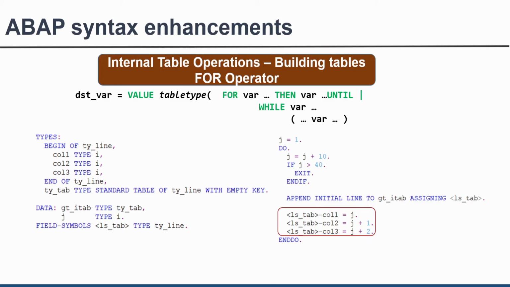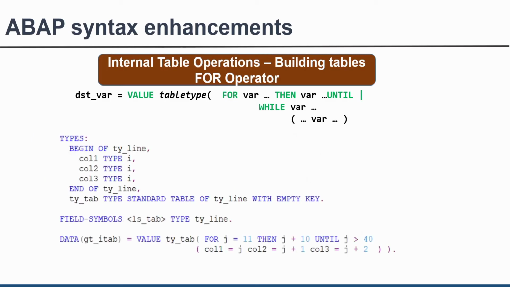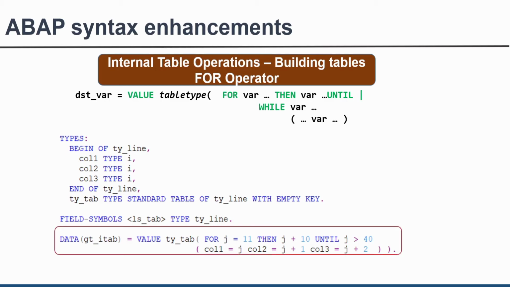This same logic we can replace with the FOR operator. Observe the changes in the code here. The internal table GTI_tab and the variable j are no longer declared. The FOR statement will take care of declaring j while using it.